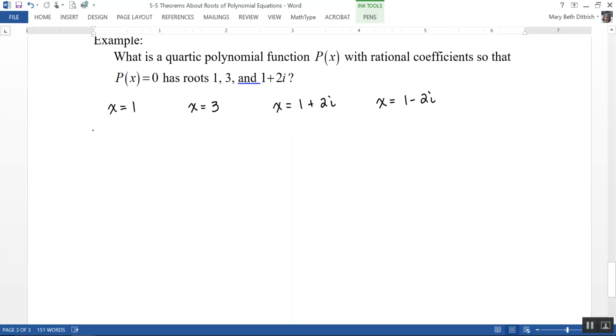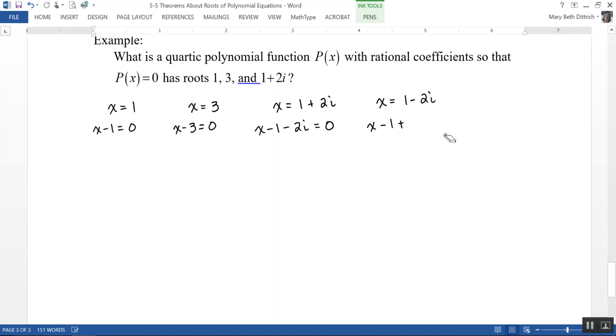So if I subtract 1 from each side, x minus 1 is one of the factors. X minus 3 is another factor. Okay, this gets a little confusing. I have to subtract 1 and subtract 2i. So x minus 1 minus 2i equals 0. I know that kind of looks like a trinomial, doesn't it? And then x minus 1 plus 2i equals 0.